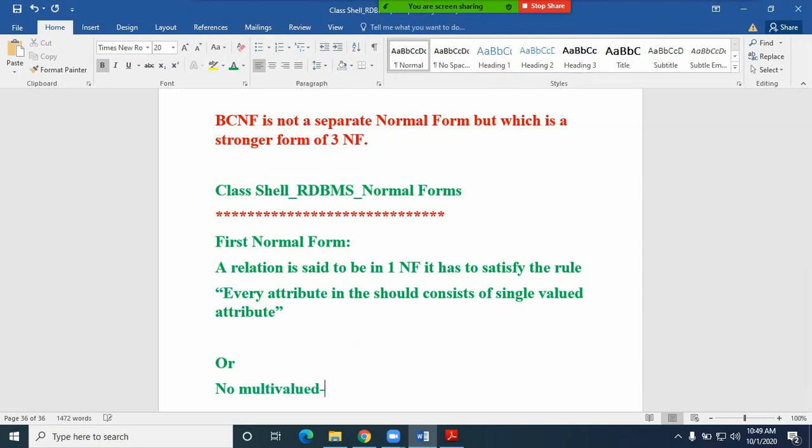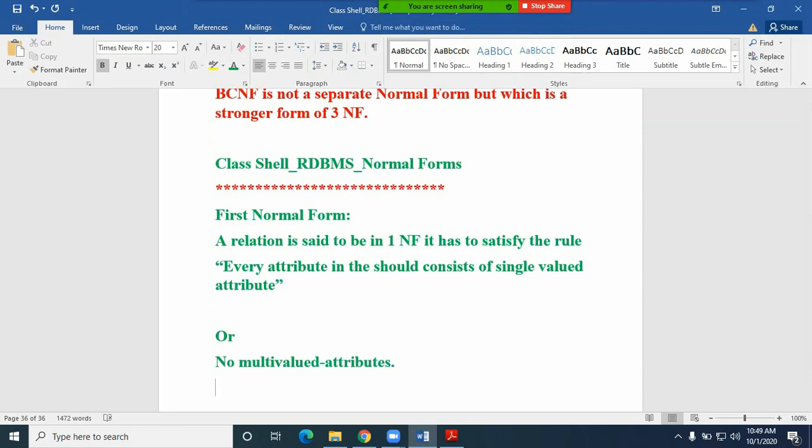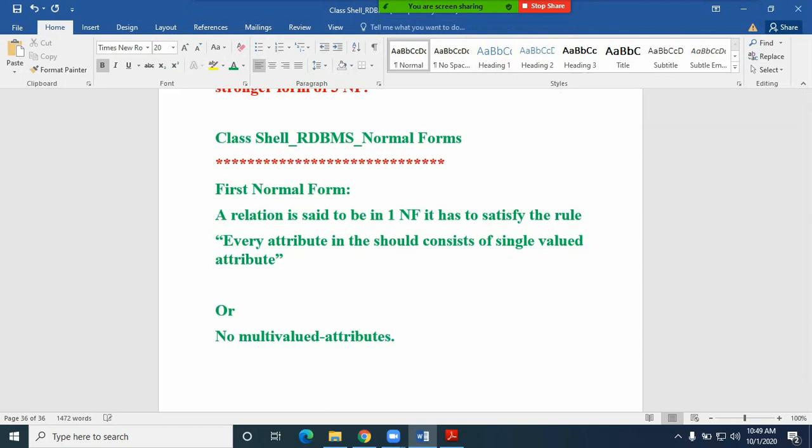What do you mean by multi-valued attributes? Suppose I am taking employee number, employee name, and skill.